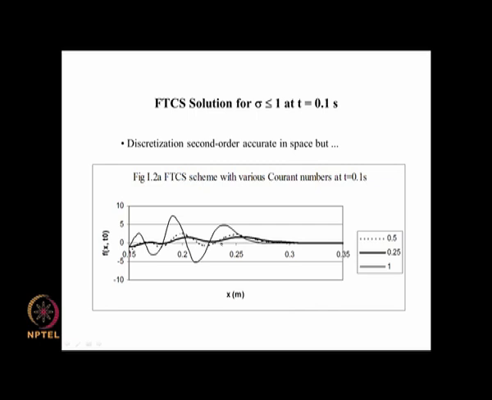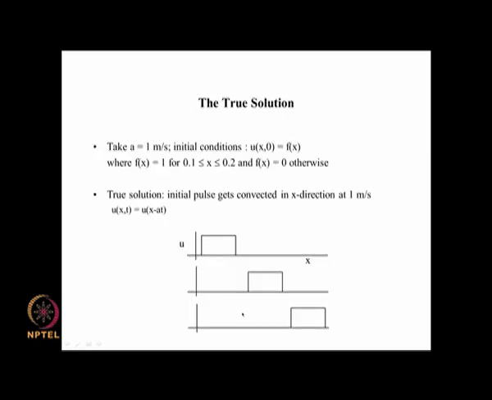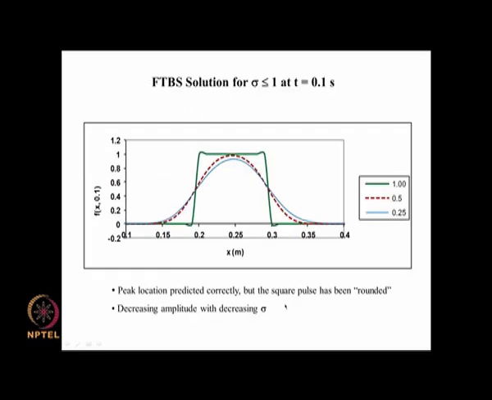So we should be getting something like this, and what we are getting is totally different. For example, with Courant number 1 we are getting a maximum value somewhere here of the order of 7 and a minimum value somewhere here, and it is not like the square pulse that we should be expecting here.